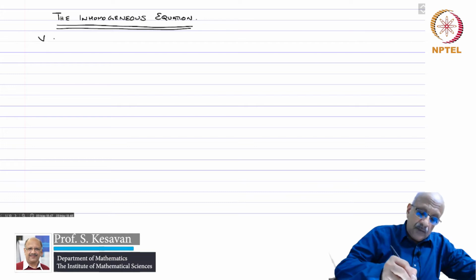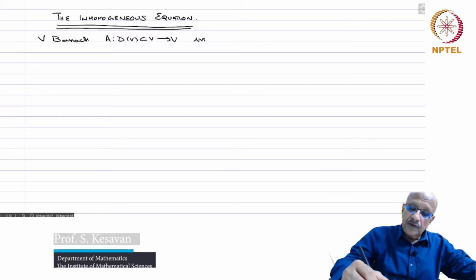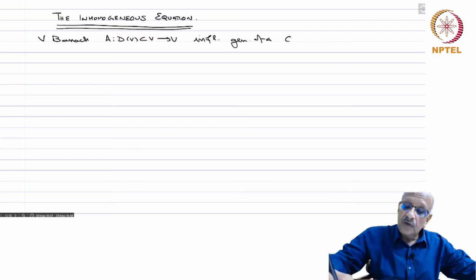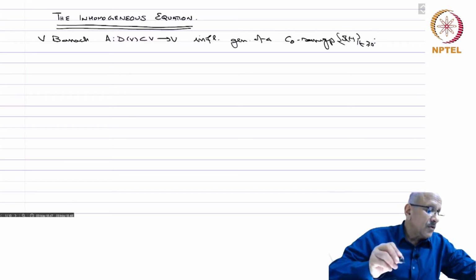Let V be a Banach space, and A with domain D(A) contained in V the infinitesimal generator of a C0 semigroup S(t), t greater than or equal to 0.